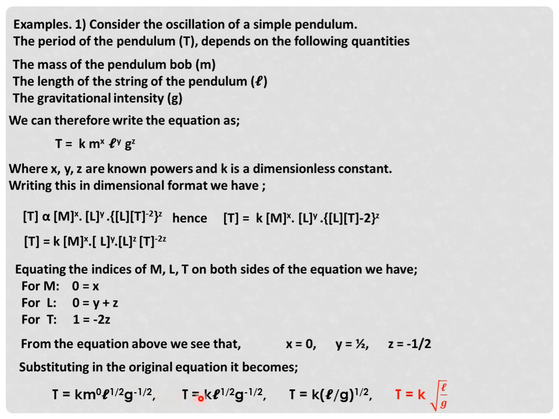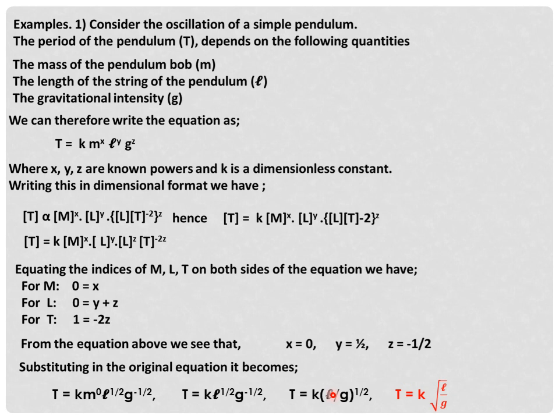So from our knowledge of indices, the equation reduces to T equal to k times root L on g, L on g under square root. Look at it again: L raised to the power half, g raised to the power minus half.